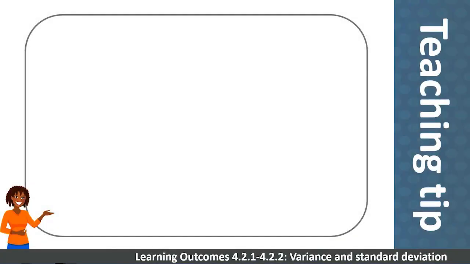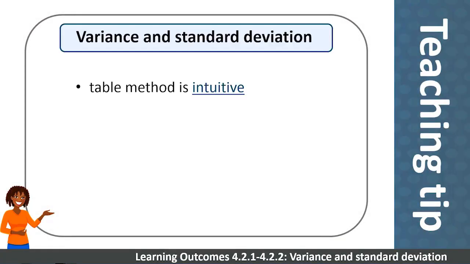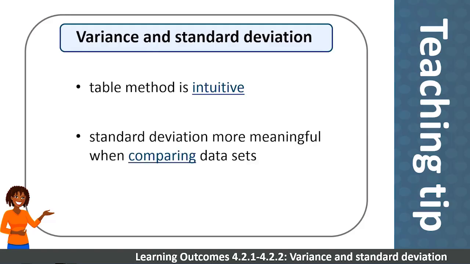Teaching tips. The table method gives students an intuitive understanding of what variance and standard deviation are all about, because they actually calculate the deviation from the mean for each data value. The use of standard deviation becomes more meaningful when you compare 2 different sets of data.